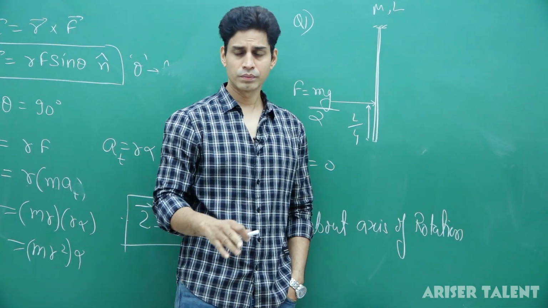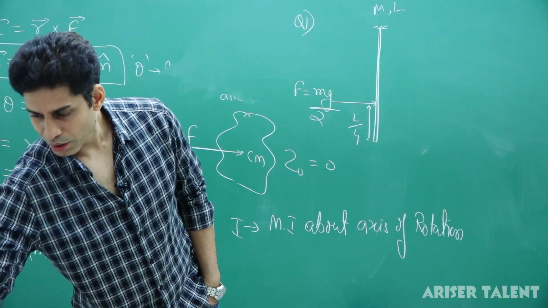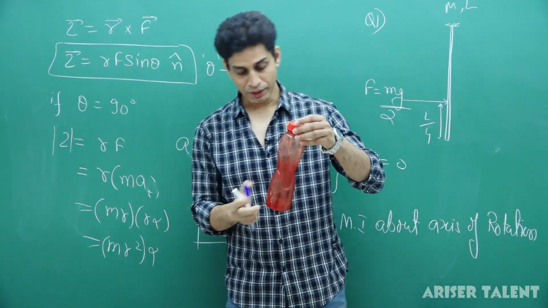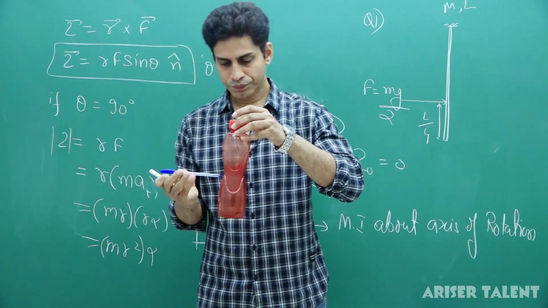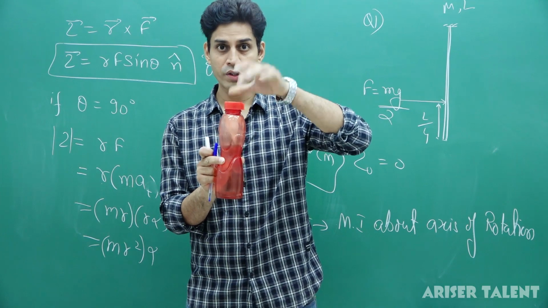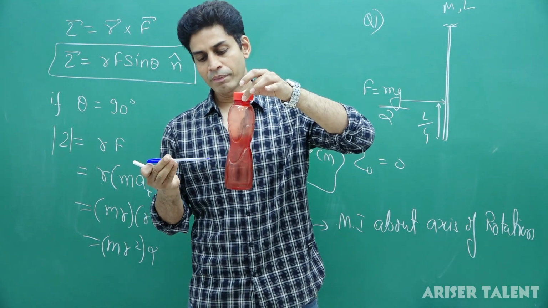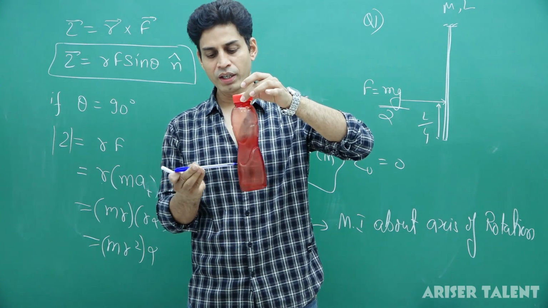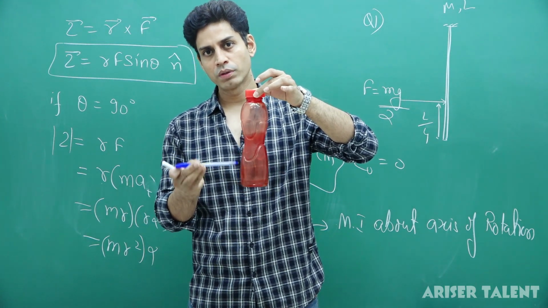Question is clear? I am again using this bottle along with a pen. Now, there is a rod of length L, this is the axis of rotation, and I am applying a horizontal force of mg by 2 at a distance of L by 4. This distance is L by 4.